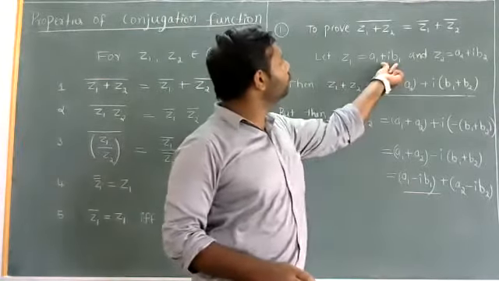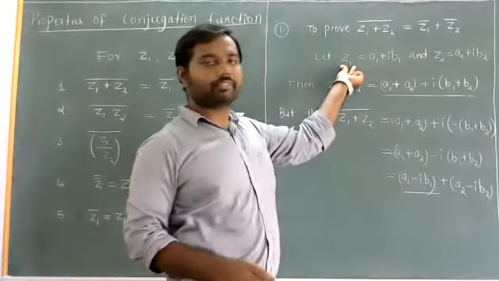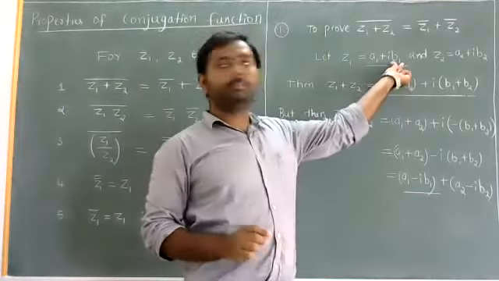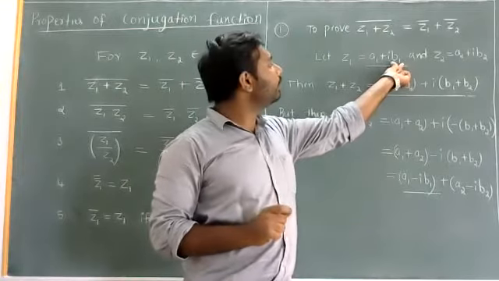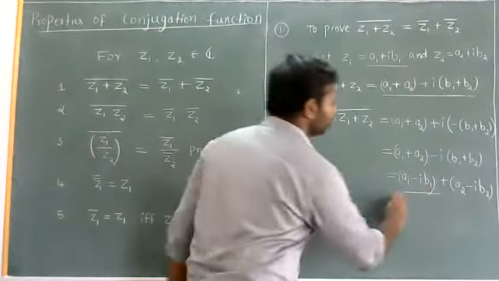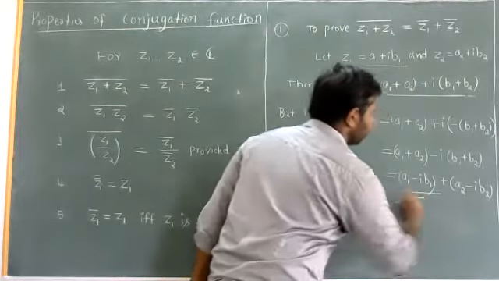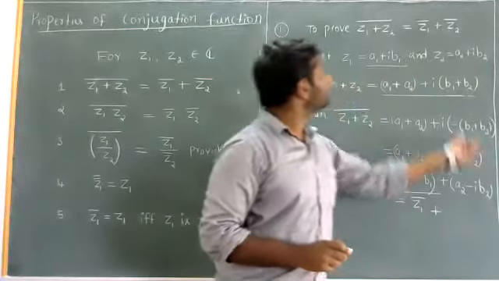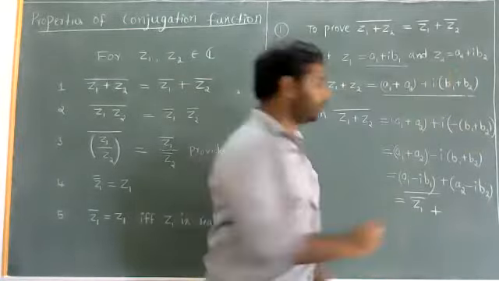It is the conjugate of the complex number z1, because z1 is a1 plus ib1, so its imaginary part is b1. If I replace it by minus b1, then this will be its conjugate. So it is conjugate of z1 plus, it is nothing but conjugate of z2.